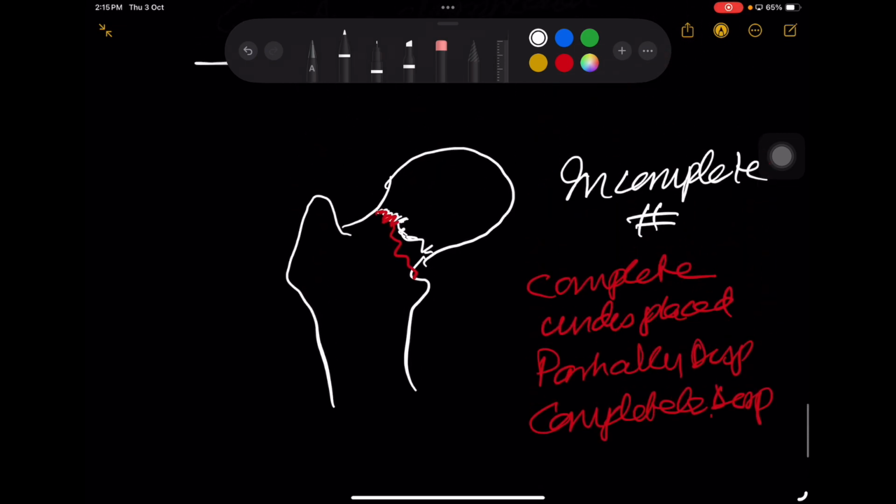Now, I will tell you what is the difference between partially and completely displaced fracture. If this fracture is partially displaced, that means these two fragments are hinging on each other. So if there is a deformity of this, that will rotate the head in this direction.